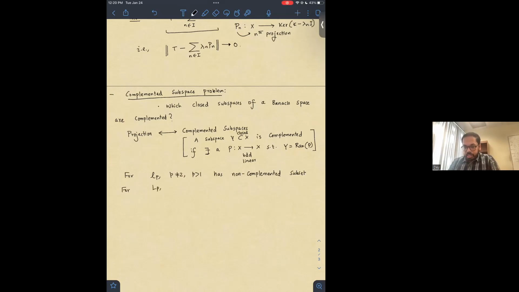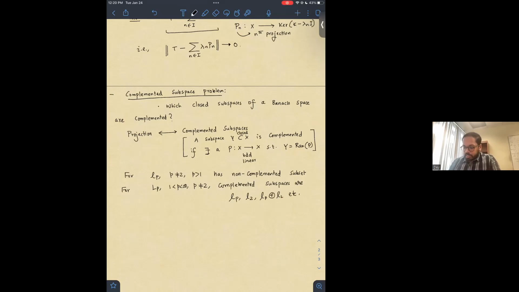For P between 1 and infinity, it has been classified that the complemented subspaces are the following. This is a complemented subspace. This is a complemented subspace, all of it, etc. That's what I mean.